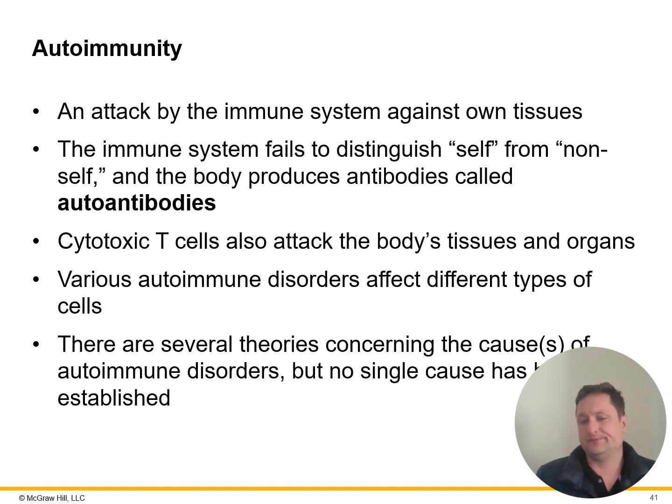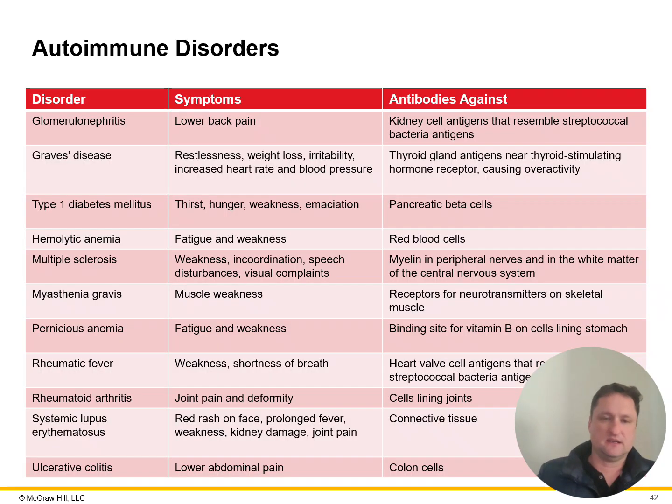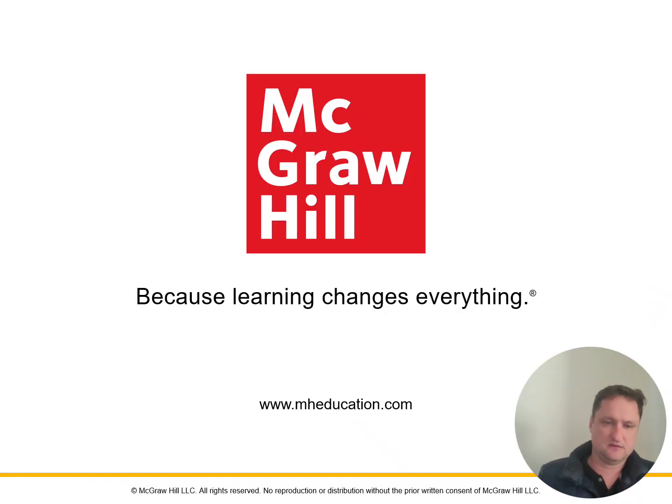So we really don't know. We just have theories. The takeaway is autoimmunity reflects powerful defenses turned inward, leading to chronic inflammation and tissue injury. Okay, some autoimmune disorders on a study sheet, and that's the end of the chapter.